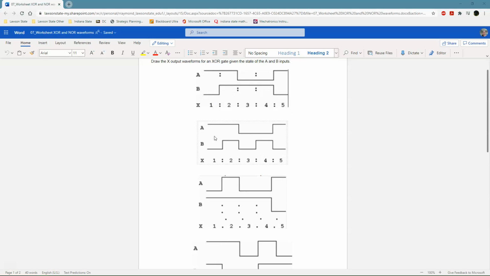Yes, ma'am. So for this one, I start off with a 1 on A and a 0 on B. Then both of them go to 1 and 1. A drops to 0, B drops to 0, so that's going to be a 0 output. Then you get a 1 output because B goes high while A stays low.